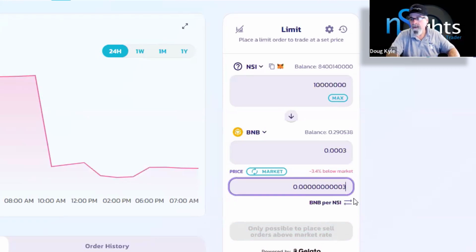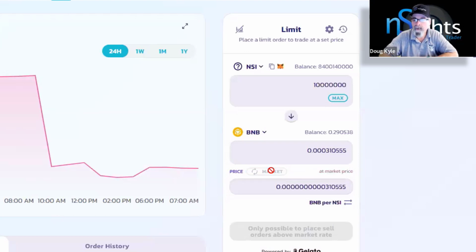When we're selling, I believe that this number is correct, because at the current market, I need NSI to go up against BNB.